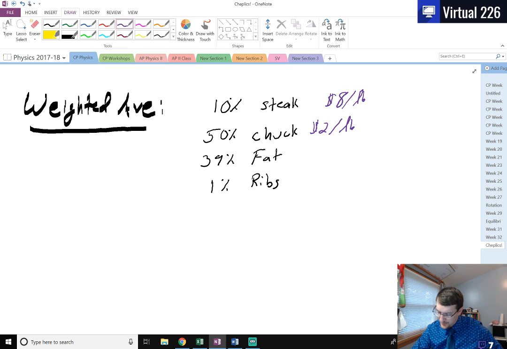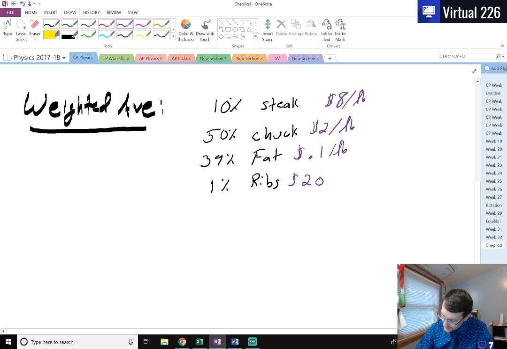I don't know what you do with fat, but let's say it's like next to nothing, $0.1, so it's like 10 cents a pound. Someone out there is buying fat, and let's say ribs, my favorite thing, right? They know they can mark up ribs on me.